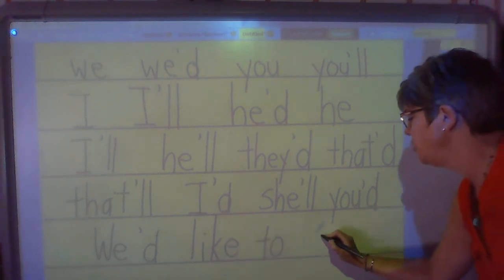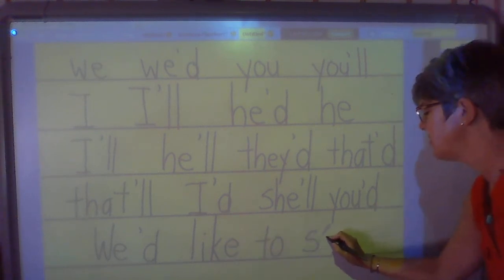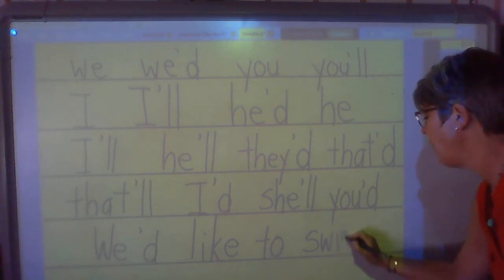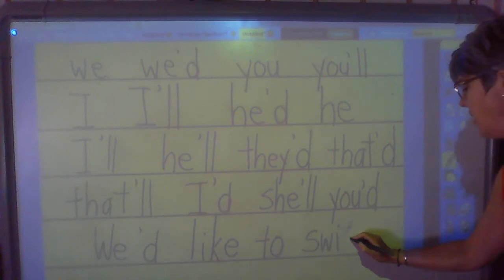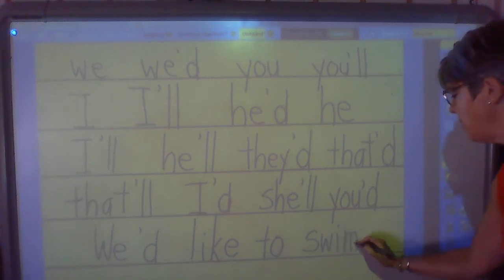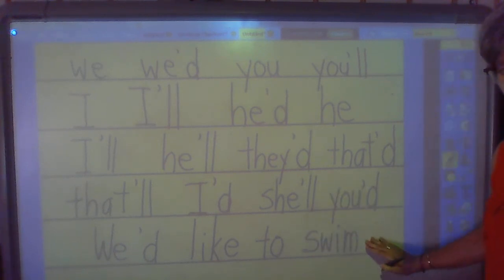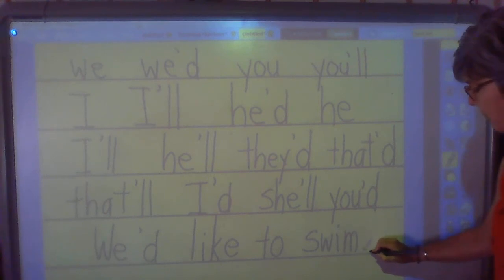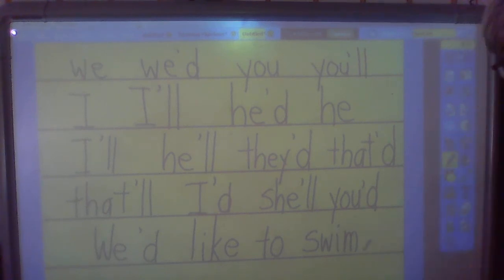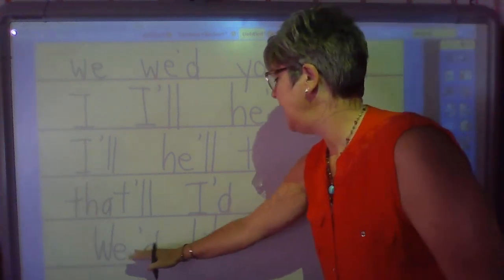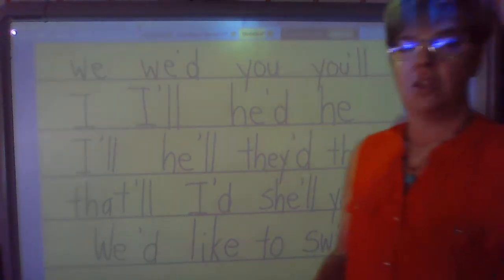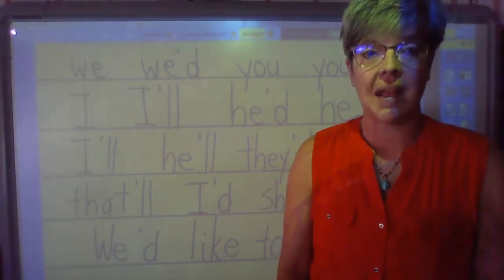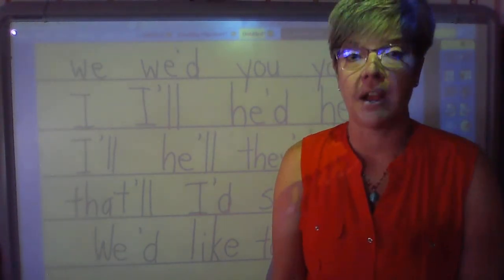We'd like to. Sound, s, sound, w, sound, i, blend and hold. Swim. This is the last word in my sentence, so I'll put a period here. Let's go back and read our sentence, second grade. We'd like to swim.